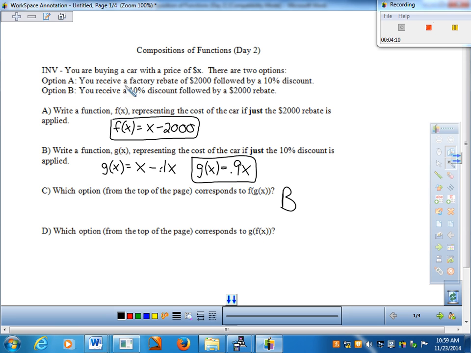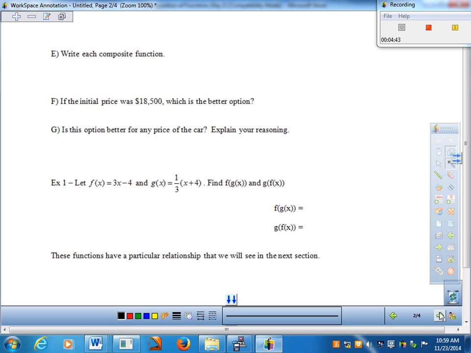And that's exactly what option A states. So I like making that little connection mathematically. The order in which these two are applied is the distinction between f composed of g of x and g composed of f of x. I'm hoping you saw that piece without actually doing the compositions themselves.